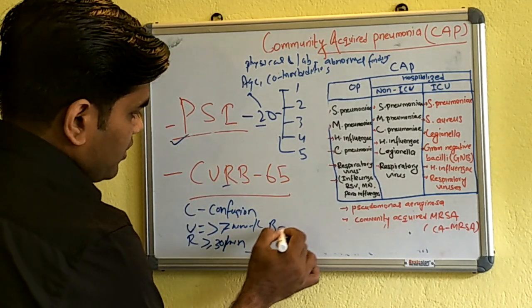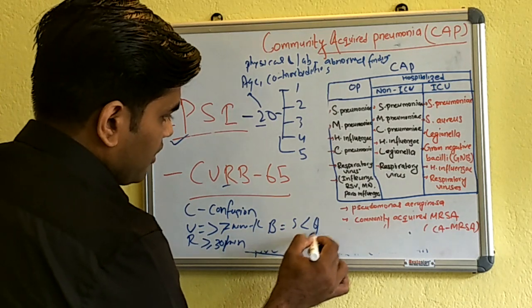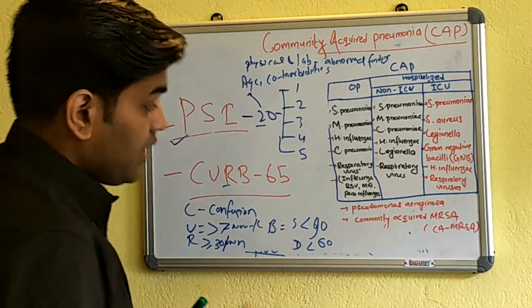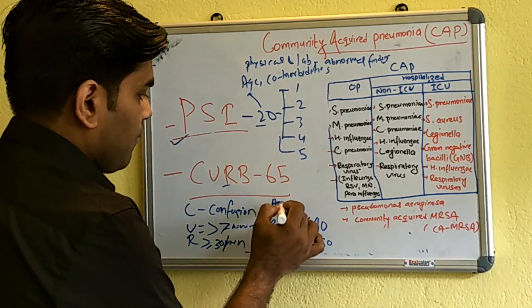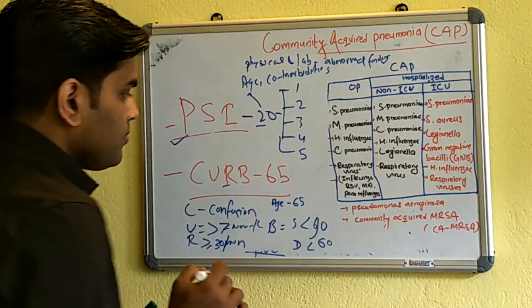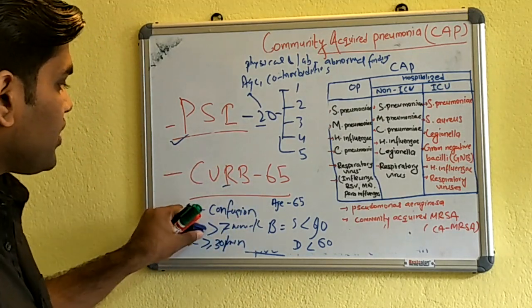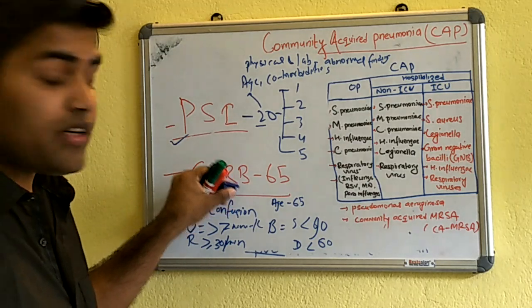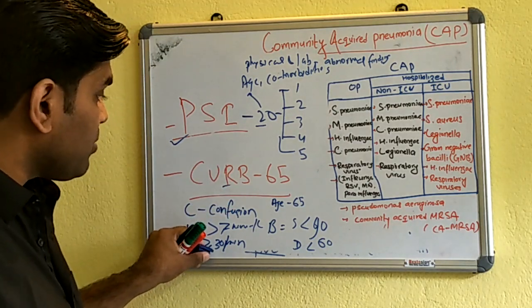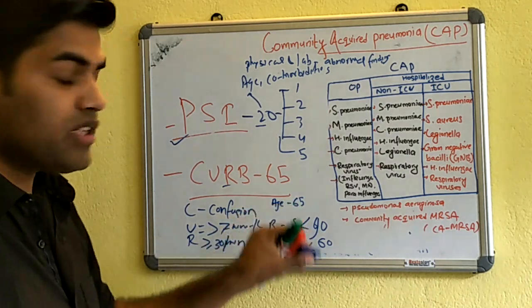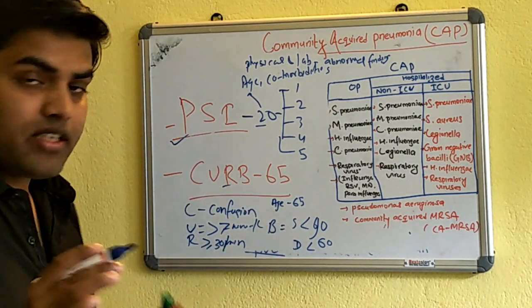Then B for blood pressure, systolic less than 90 or diastolic less than 60 mmHg, and age 65 or more. These are the full form.